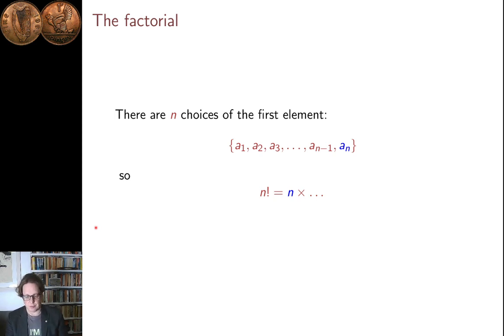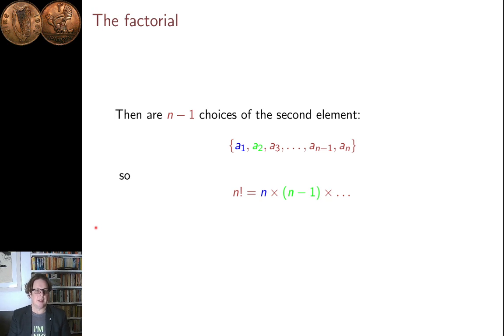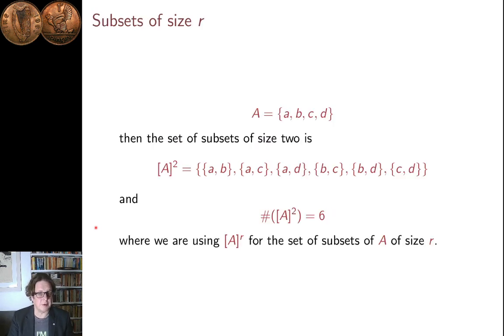There's n choices for what comes first, but having chosen that, there's now only n minus 1 choices for what comes second. So say we had A1 as the element that came first, well then A2 could come second, or A3, or A(n-1), or An, or indeed any of the ones in between, and that gives you the n minus 1, and then you iterate. Now you've chosen 2, there's n minus 2 elements that can come third, and n minus 3 that come fourth, etc. So that's the factorial.